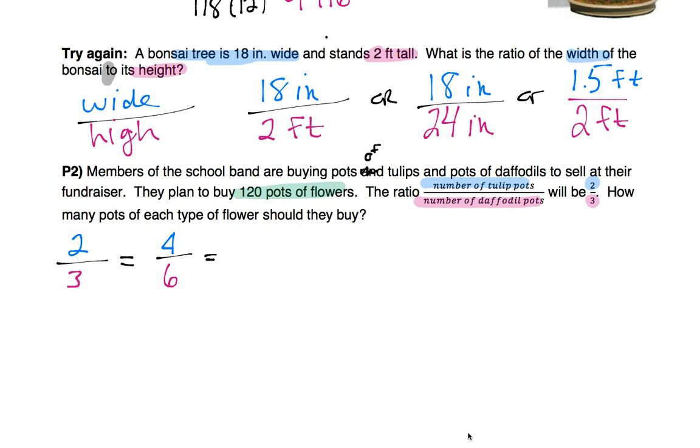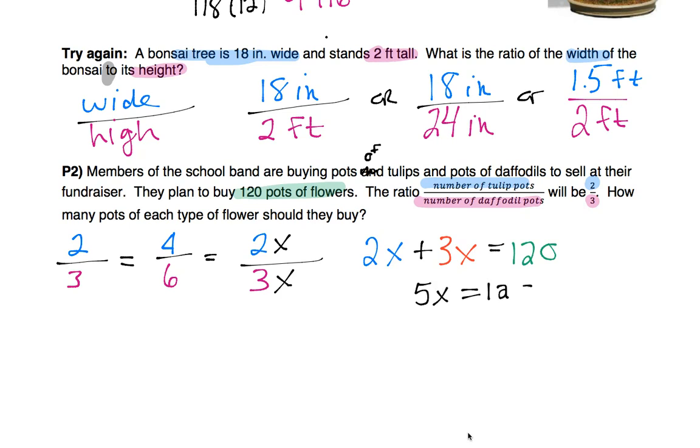So the question we're saying is, what are we going to multiply 2 by? We have to multiply 3 by the same thing so that 2x plus 3x equals 120. So that's 5x equals 120. So x is 24.